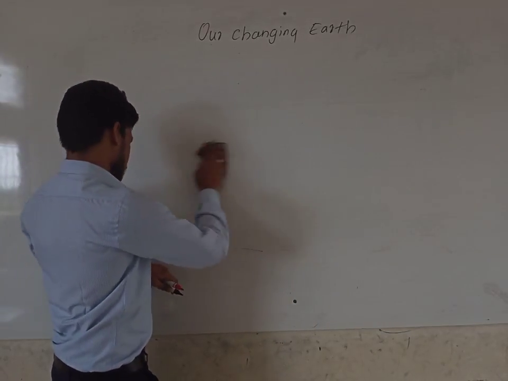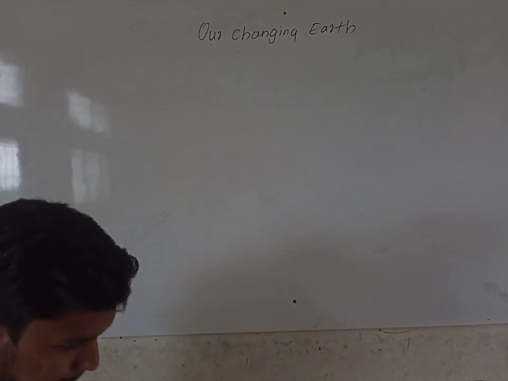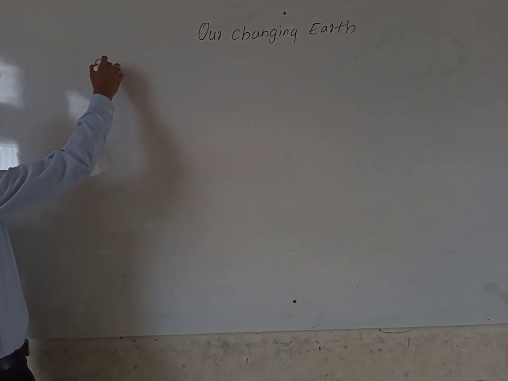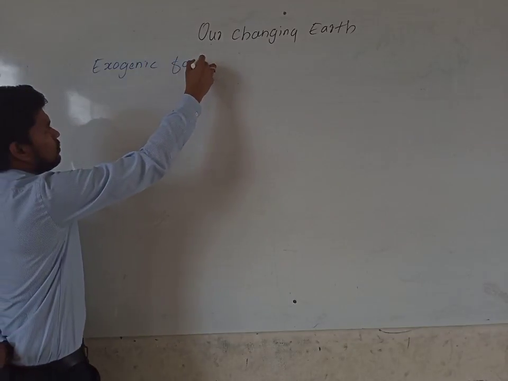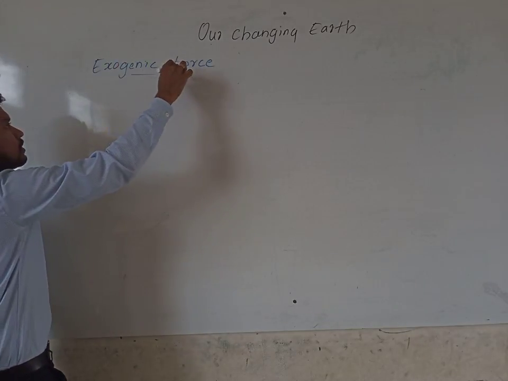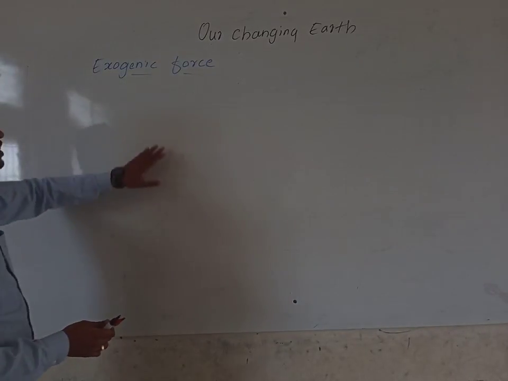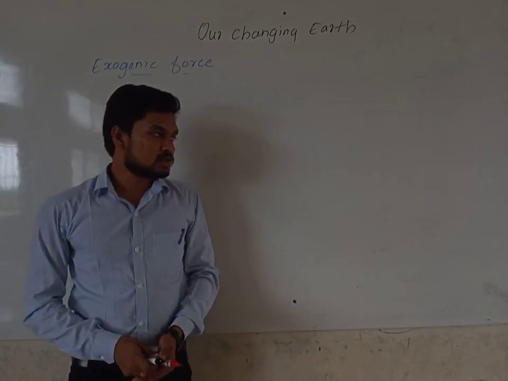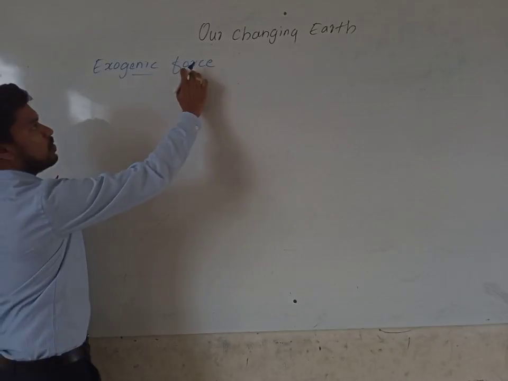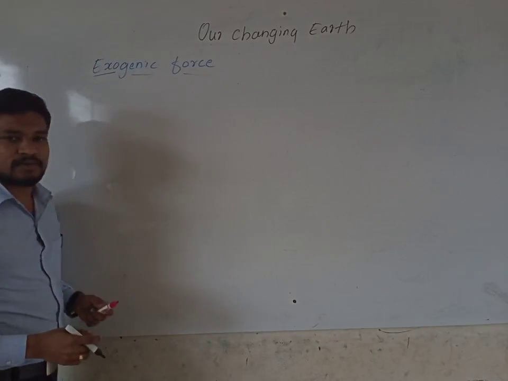Now we will go to the exogenic force. Like the endogenic force, the exogenic force is also a force which makes changes on the earth's surface. This force originates outside of the earth.